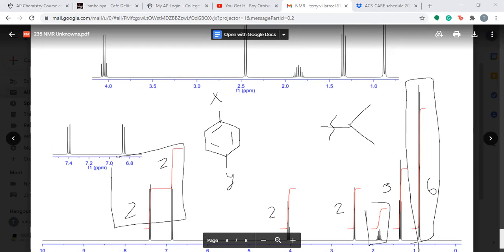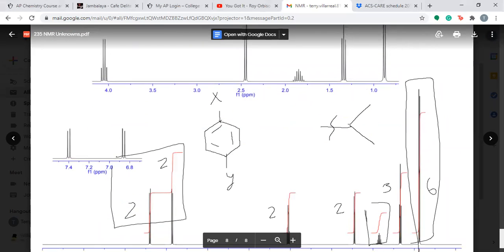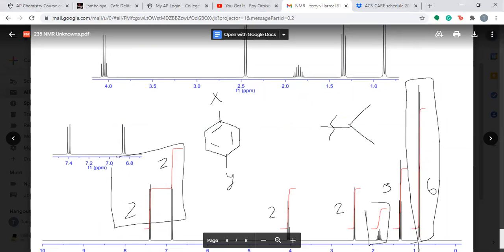Now, on the other side, right, I'm going to have what? Oh, did I have an oxygen in this one? I didn't remember what the... Yeah, we do. Okay. So I know that I'm going to have an oxygen. Can I have a carbonyl or anything like that? No. Nope. So it's probably going to be in the form of what?